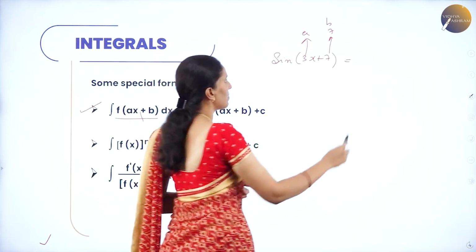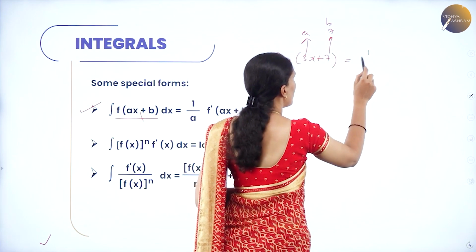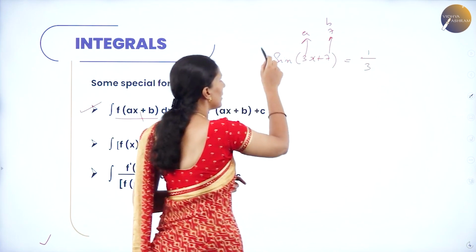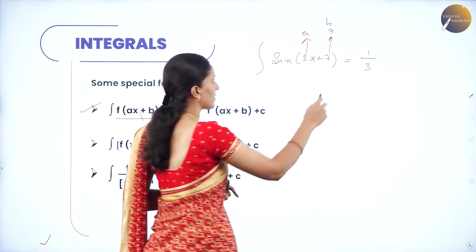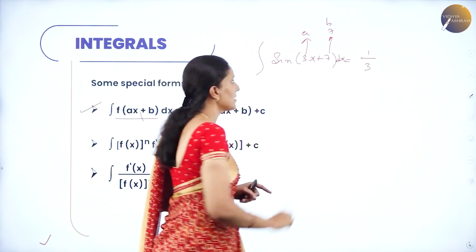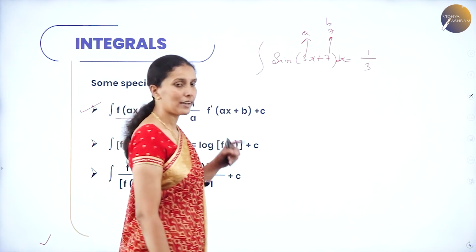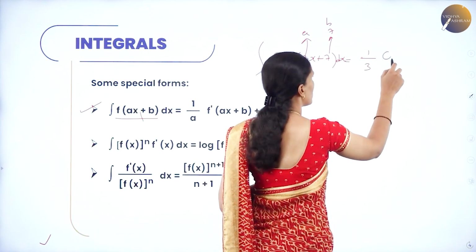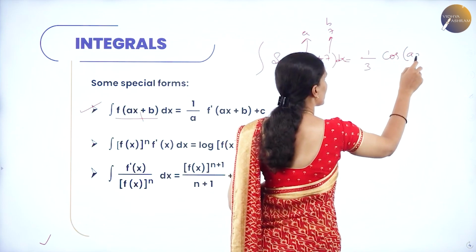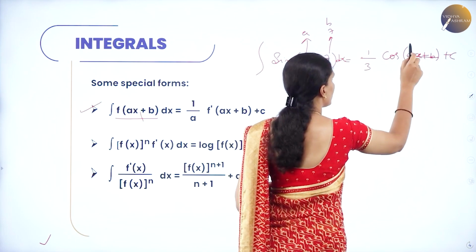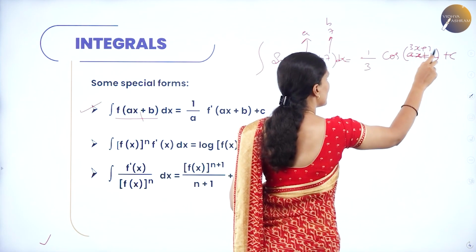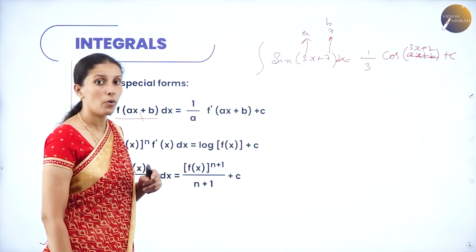So ax plus b means this is 1 by 3. So integral of sine 3x plus 7 into dx can be written as 1 by 3. What is integral of sine? It is minus cos ax plus b plus c. So here ax plus b is nothing but 3x plus 7. So this is how we are going to write.